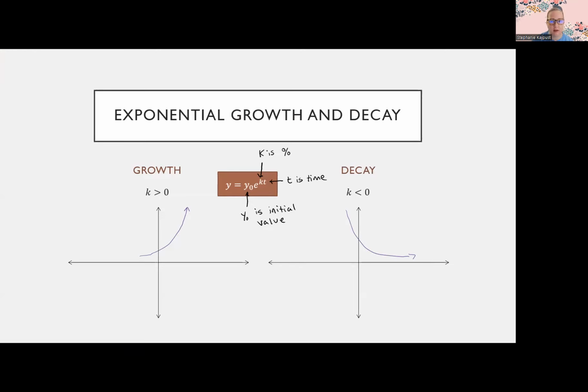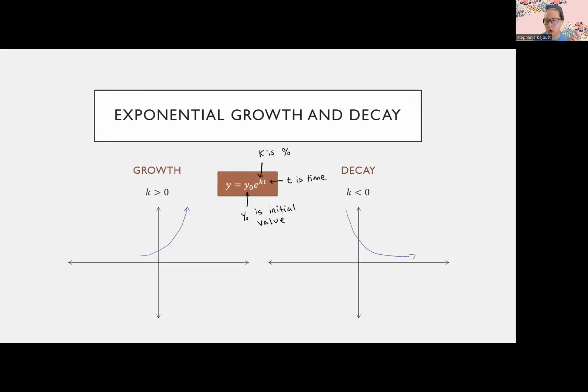So when we've got exponential growth and decay, we have a specific equation for that. Now, there are different ways to write exponential equations. There are different forms, so I will go into the difference between them.